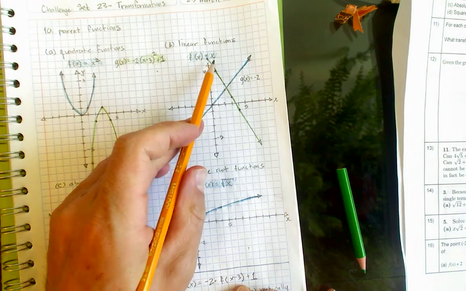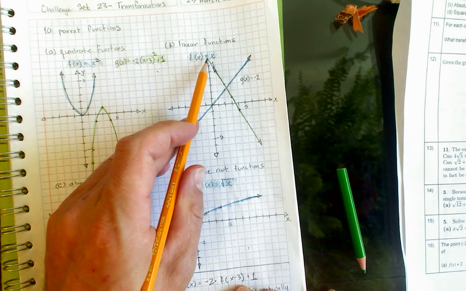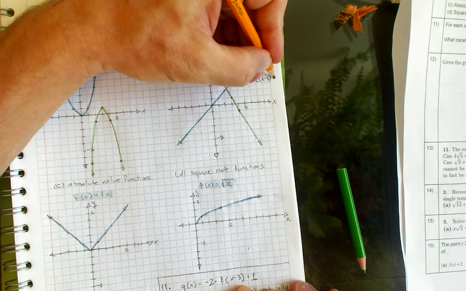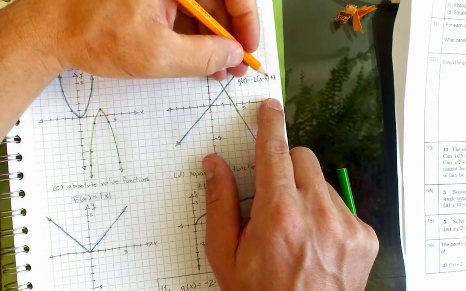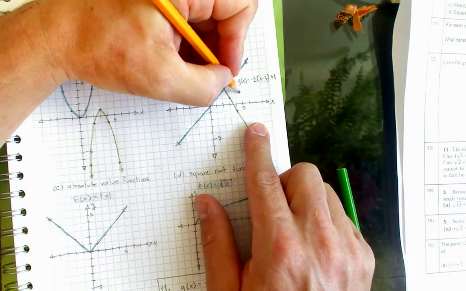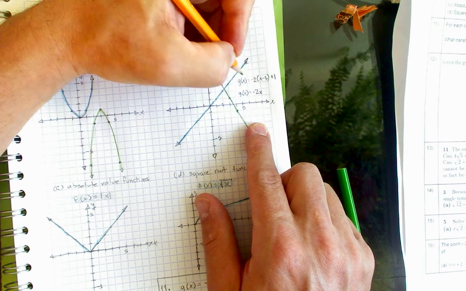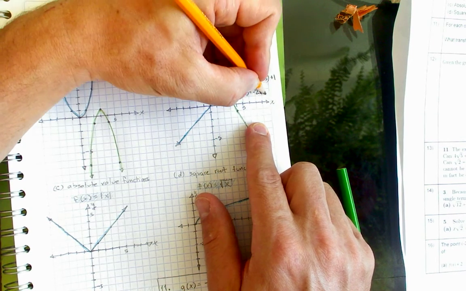But notice, if I plug x minus 3 into this original function, it's just going to be x minus 3 plus 1. And I will go ahead and rearrange this a little bit. This becomes g of x equal to -2x plus 6 plus 1, that's plus 7.